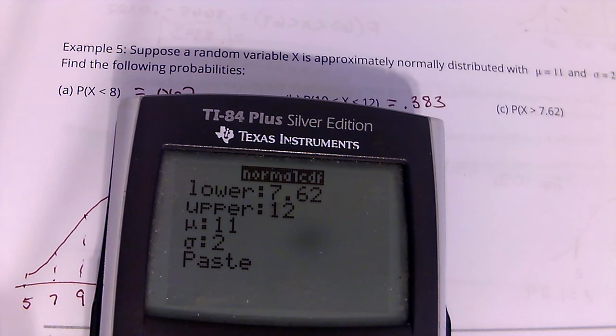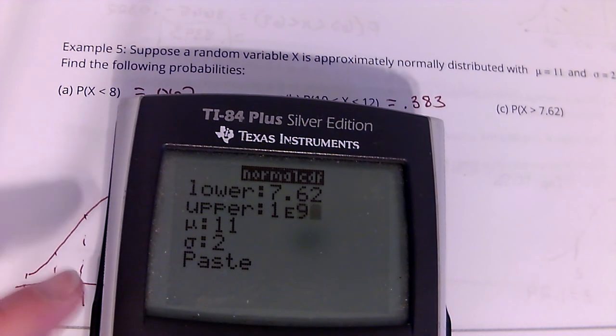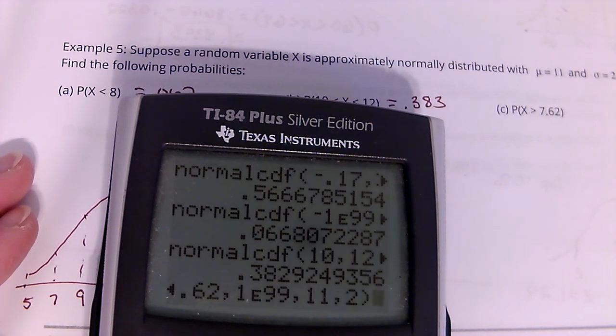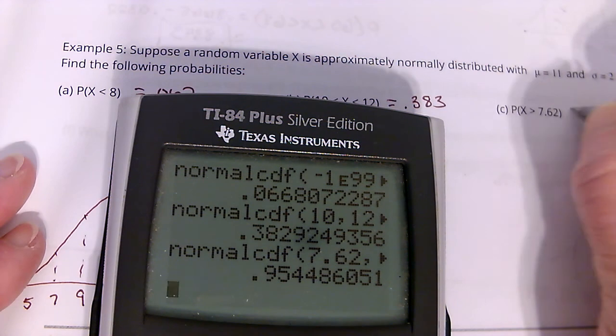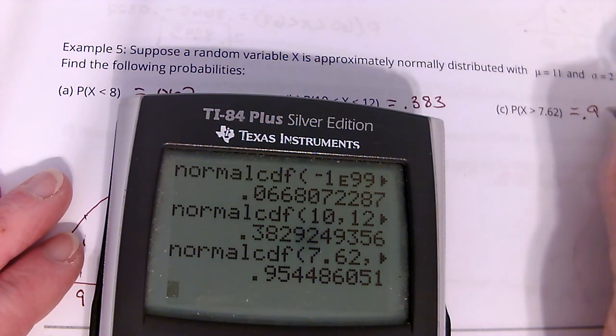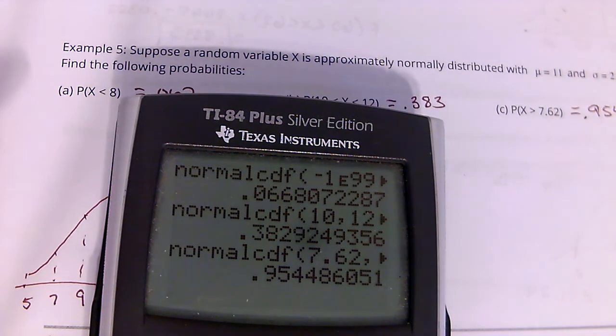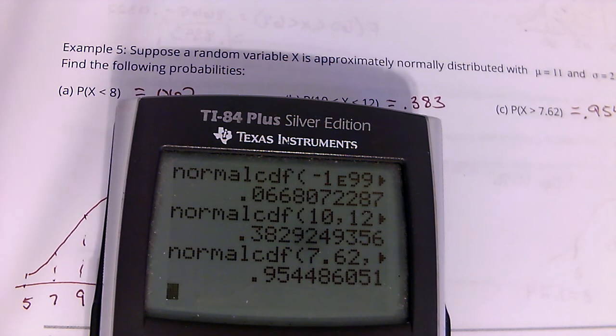So 7, and I'd have to put positive infinity here. And it is a big area, 0.954. In the next video, we're going to look at some applications of this practice.